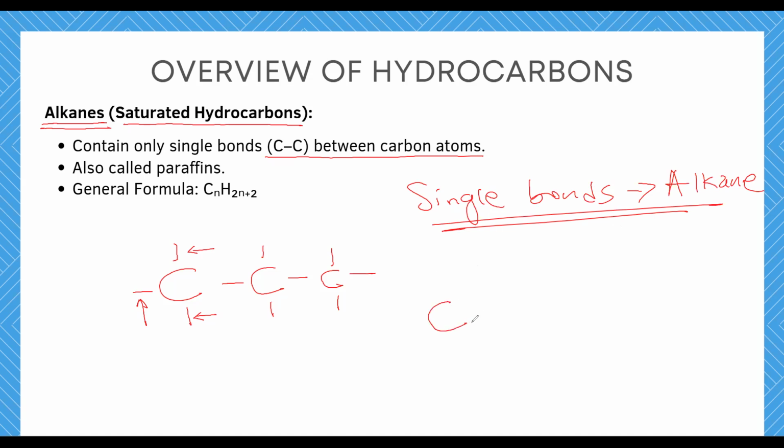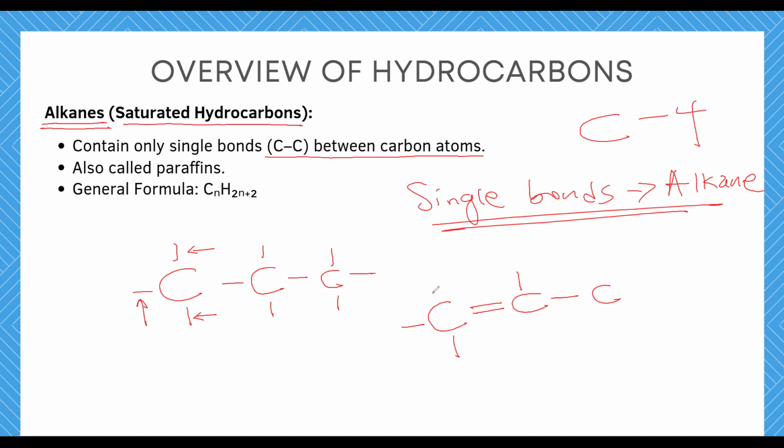Carbon can have a double bond joined to another carbon. So in that case, we have one and two. It can only have four bonds. So another carbon can be joined to this, and then you can have another bond over here. But whatever the case is, carbon is not permitted to have more than four bonds occupying it.